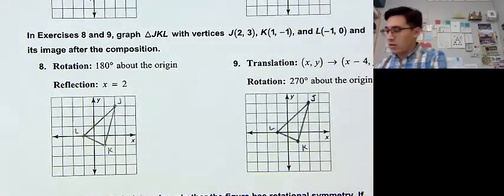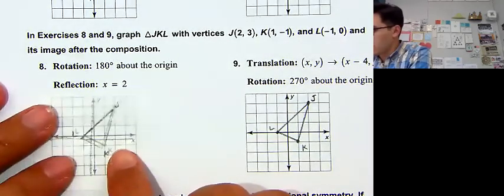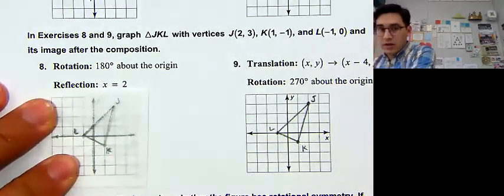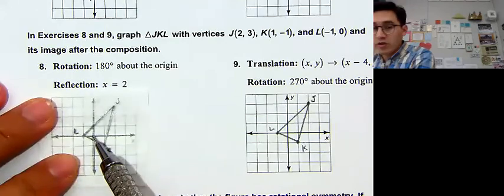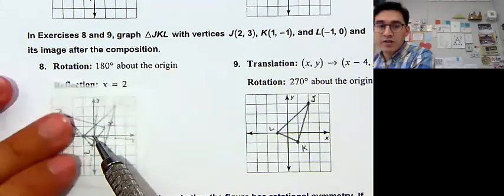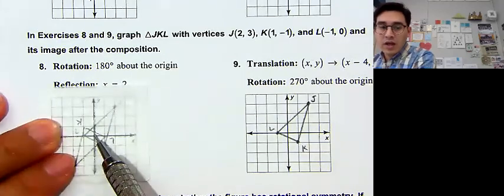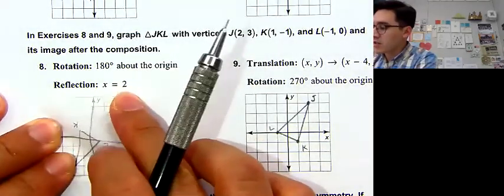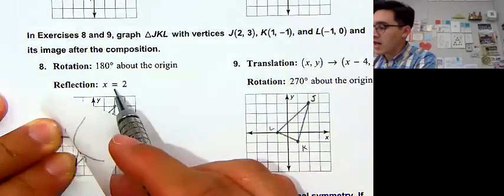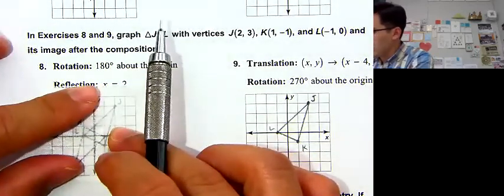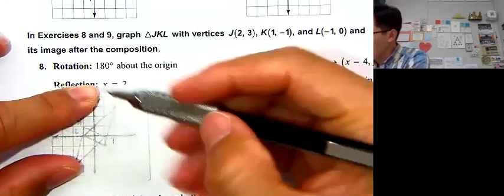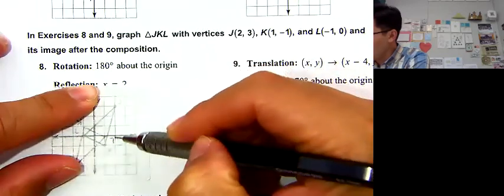Okay, so let's grab this. So we'll do a rotation of 180. So that's a 1/2 turn. And then we want to reflect across the line x equals 2. Okay, so x equals 2 would be this line right here.